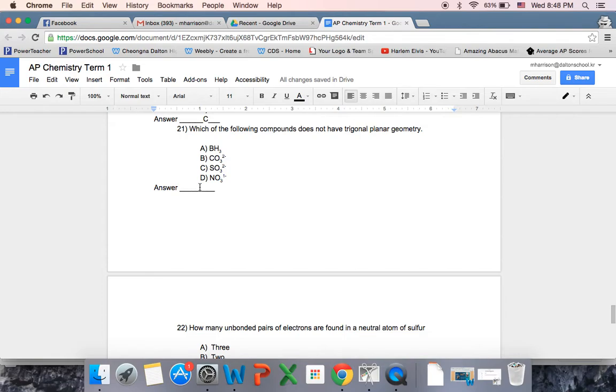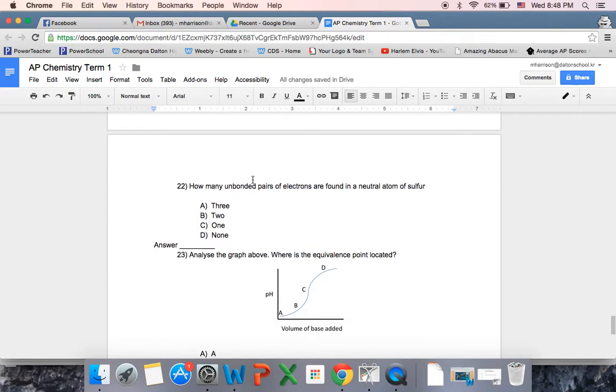If you've got lone pairs in both above and below, then we'll get trigonal planar geometry. If we don't, then we're going to end up with it being squashed down as C is, to make it trigonal pyramidal. It's going to be a pyramid.